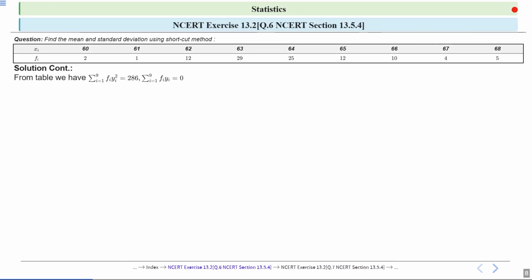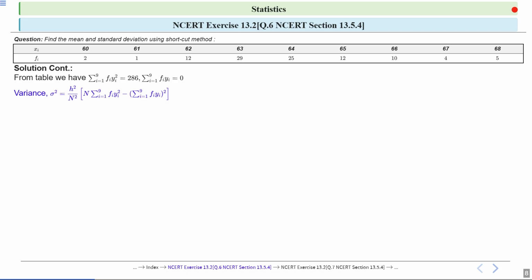From the table, we have already calculated two important sums. The sum of fi yi square is 286, and the sum of fi times yi is equal to 0. Here yi represents the deviation of each xi from the assumed mean divided by the class interval h. Now let's write down the formula for variance using the shortcut method.